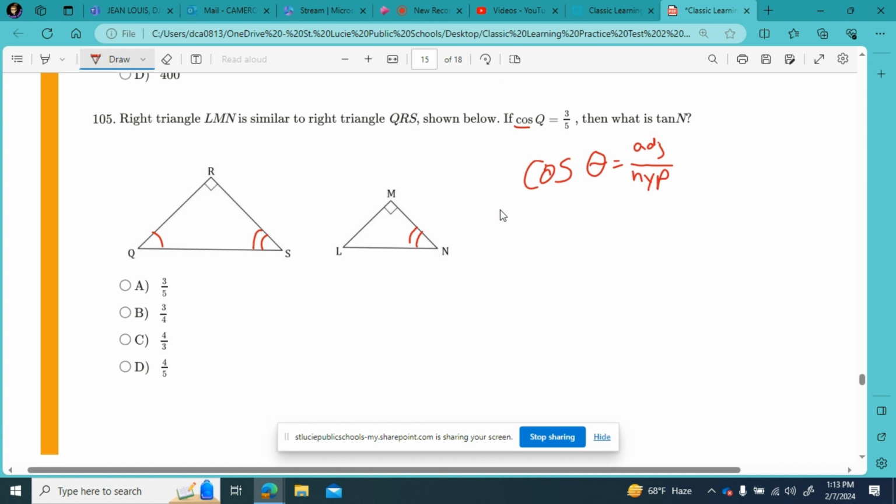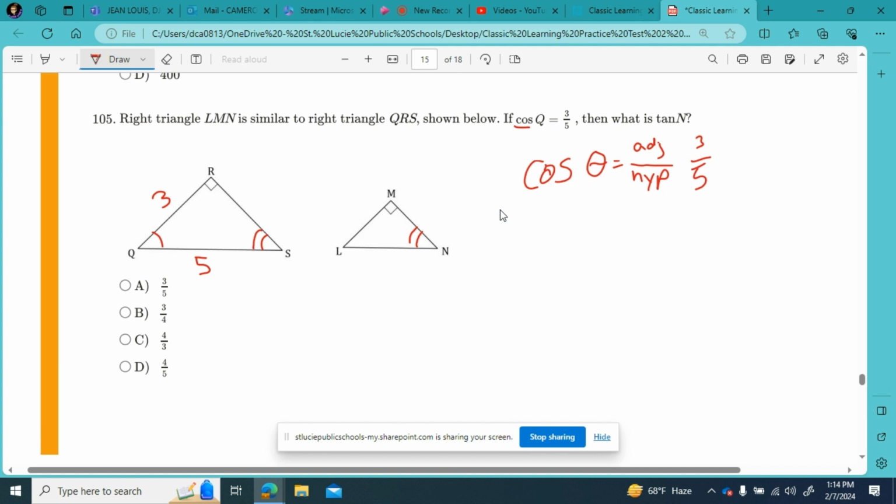So the cosine of angle Q is 3/5. My hypotenuse, across from the 90, is 5, and my adjacent side is 3.